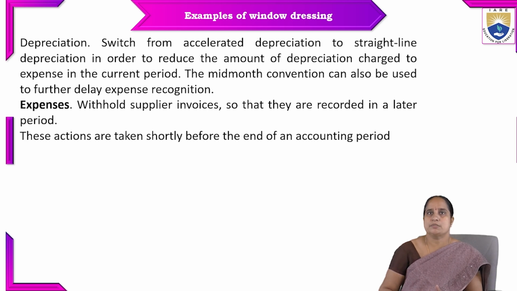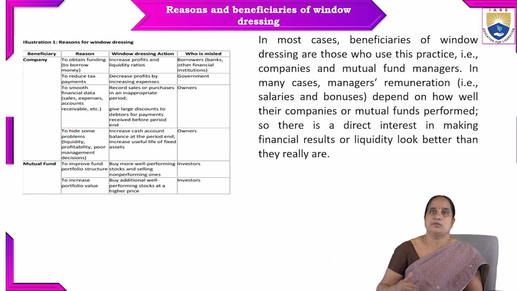Expenses: withhold supplier invoices so that they are recorded in a later period. These actions are taken shortly before the end of an accounting period. So these kinds of changes the company makes in the existing period so that they can project themselves well in front of the external world.